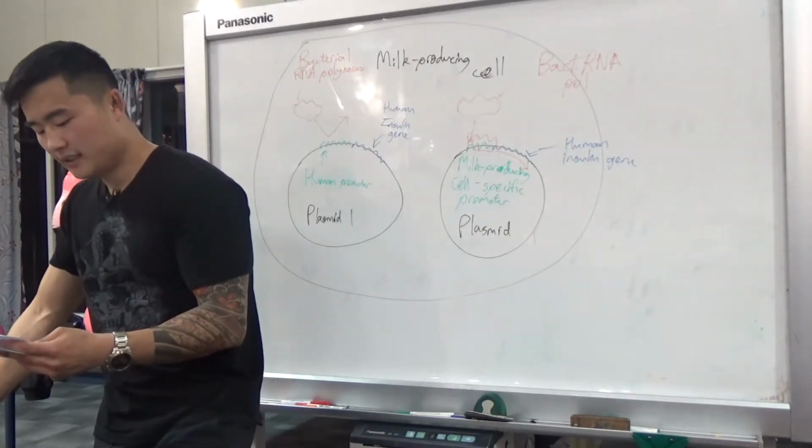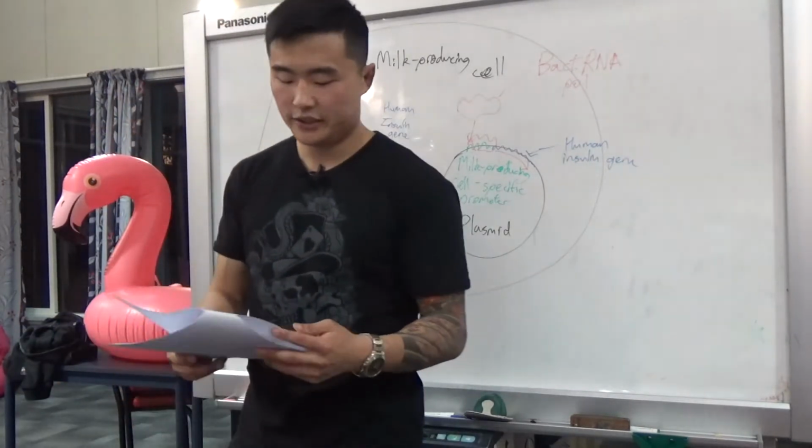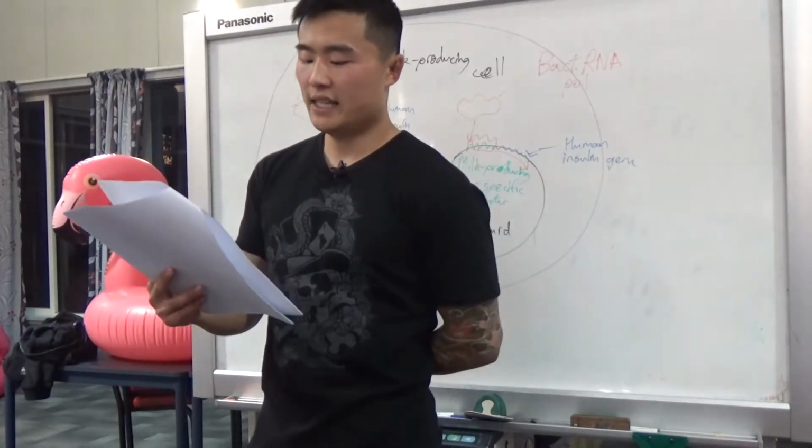So insulin is produced as two separate polypeptide chains. You've got the A chain and the B chain.